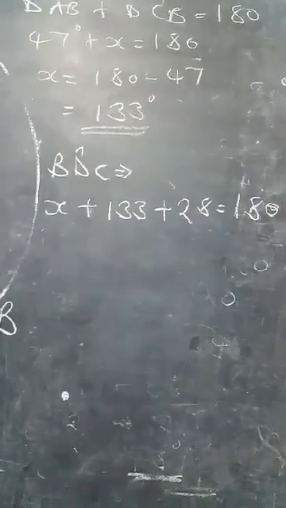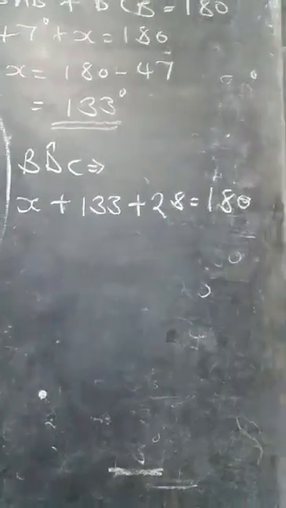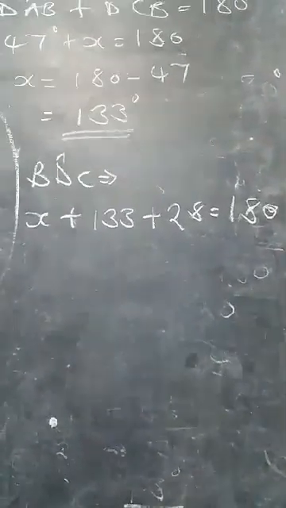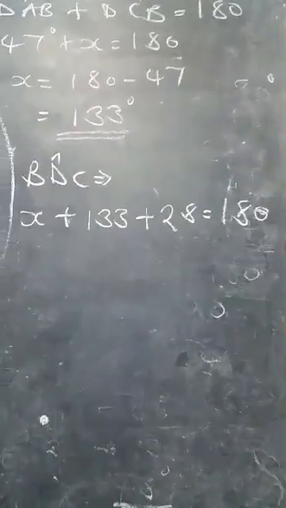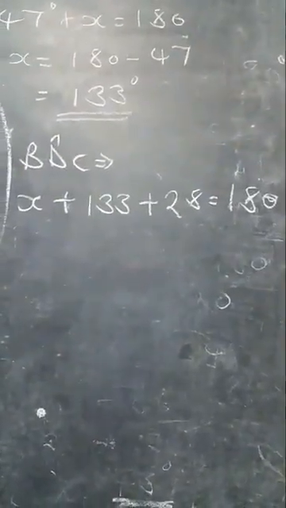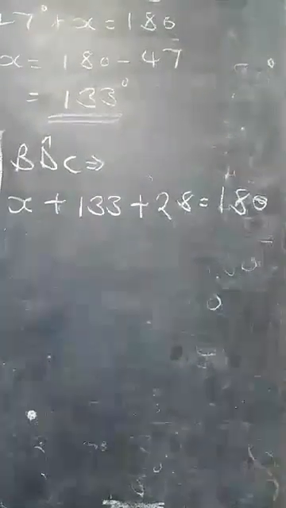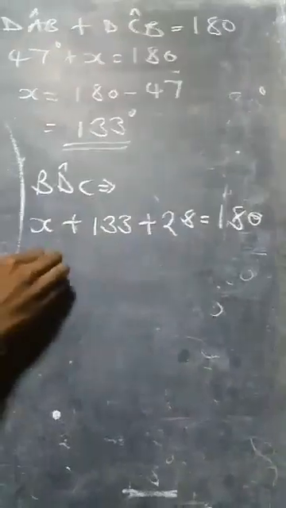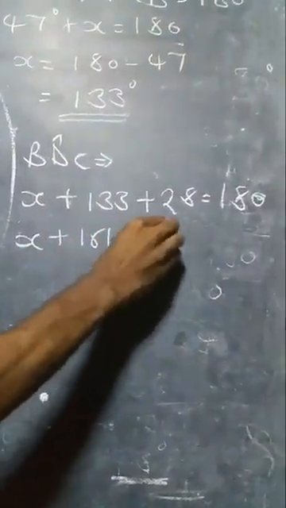So why are we doing that? The reason we're doing that is it's a triangle, and angles definitely add up to 180. So 133 plus a 28, it will be something like a 161. So x plus 161 is equal to 180.